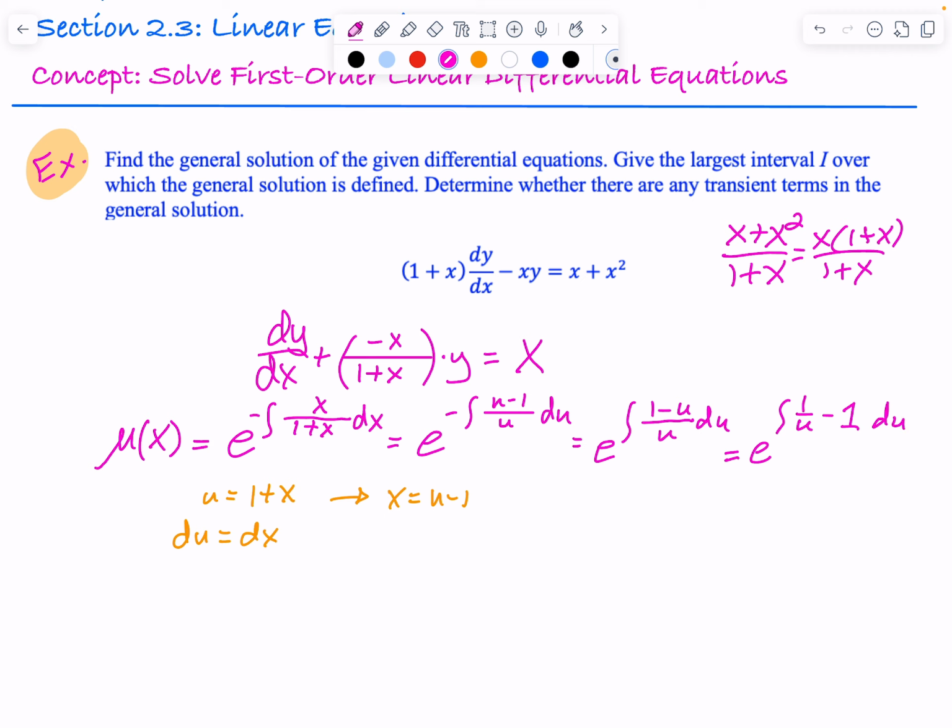You could get to a worse answer if you were to just derive from there, but I'm going to go ahead and just convert back to save some time. So I know this is 1 plus 1 over x minus, and then I just leave that as a 1. It's not du now, but I know that I can just interchange them. So e to the ln of 1 plus x minus x.